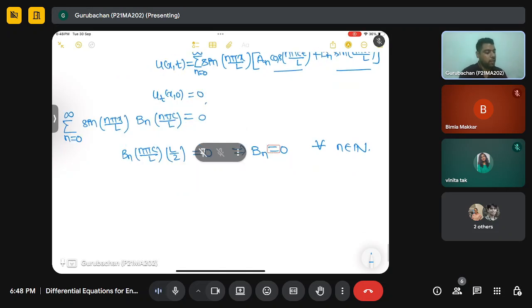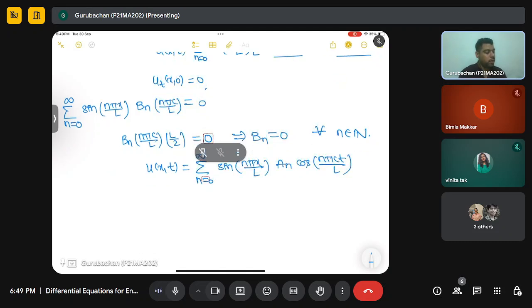How can a_n be calculated? Let us make it a little easy. We write u(x,t) as the sum from n equals 0 to infinity of sin(n pi x by L) a_n cos(n pi c t by L).